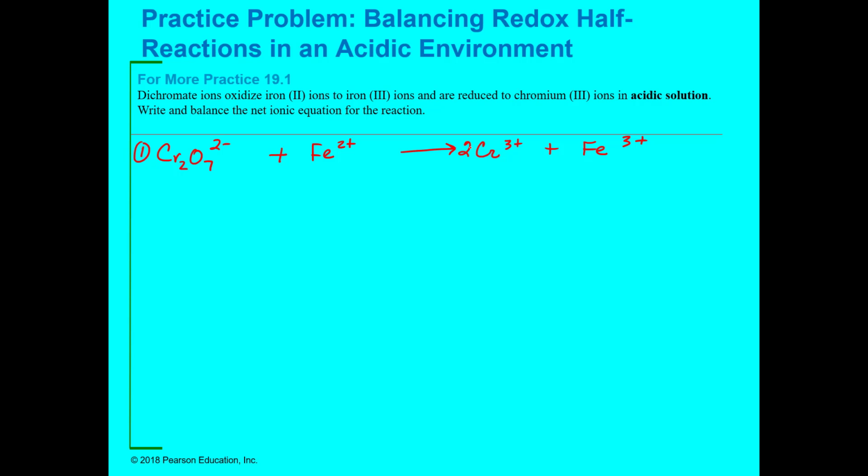I'm going to go ahead and do them in their half reactions. So I've got Cr2O7 2- going to 2Cr3+. And I'm going to have Fe2+ go to Fe3+.